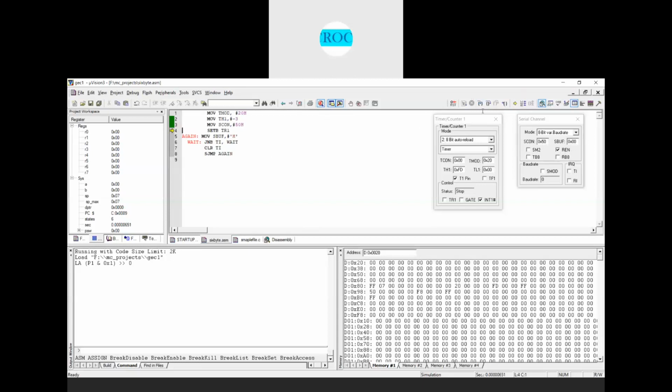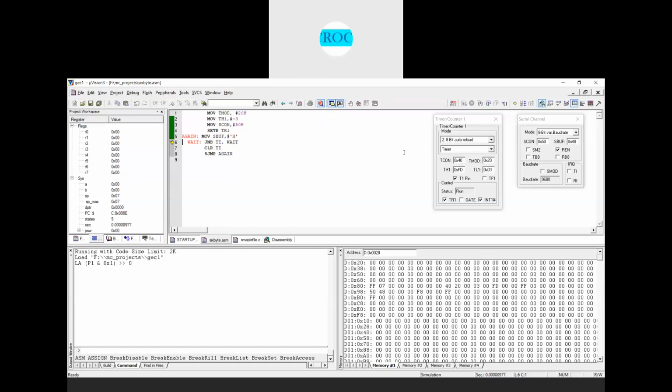Now I will start the timer. Once the timer is started, you can see the baud rate has changed to 9600 here. Now I'll transmit through the SBUF register. I'll copy the content H, and the hexadecimal equivalent of H will be loaded into the SBUF register.